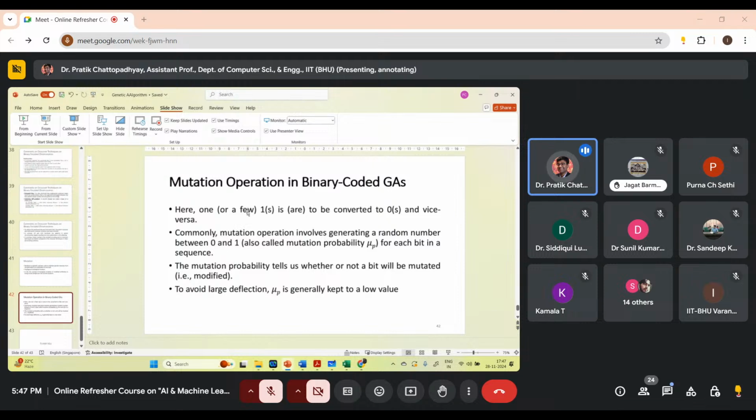But we do that with a very low probability, which we call the mutation probability. Initially I showed you a slide where I wrote crossover probability and mutation probability. Crossover normally happens with a higher probability because we want new solutions to be generated from parent solutions. Mutation drastically changes the genetic content, so we want that with a low probability.